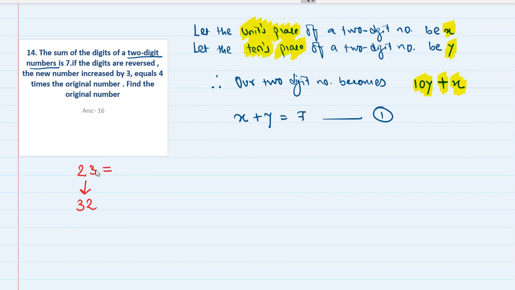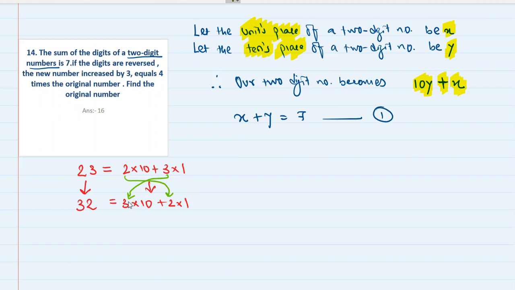So basically 23, which is 2 multiplied by 10 plus 3 multiplied by 1, becomes 32, which is 3 multiplied by 10 plus 2 multiplied by 1. So what has happened over here? Can you tell? The digit in the tens place has gone to the units place, and the digit in the units place has gone to the tens place.